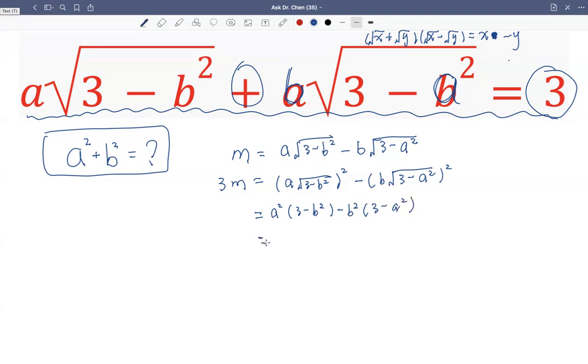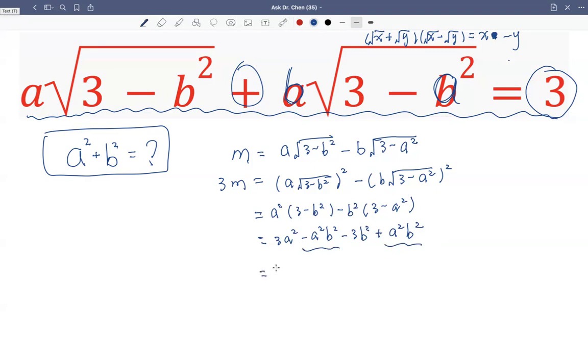And simplify this, we get 3a squared minus a squared b squared minus 3b squared plus b squared a squared. That's the same as a squared b squared. You see these two terms add up to be 0.